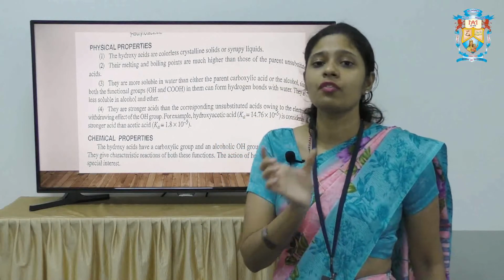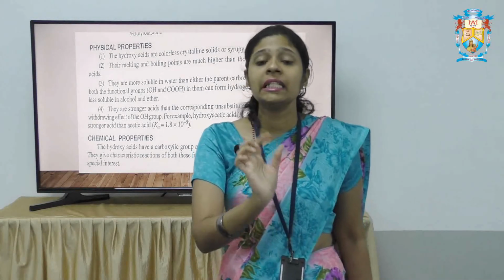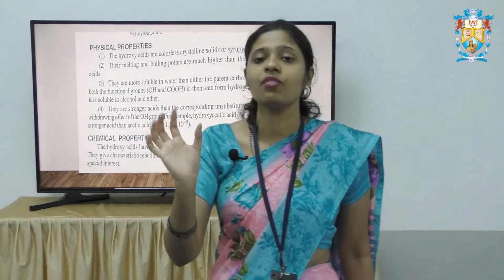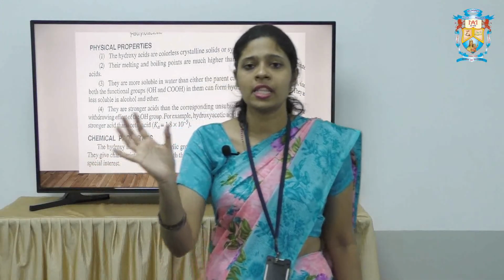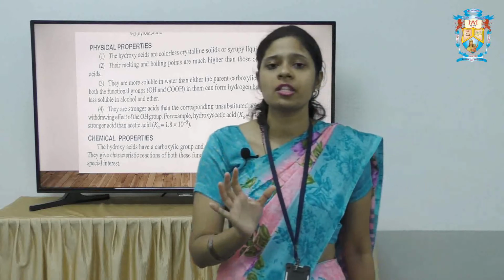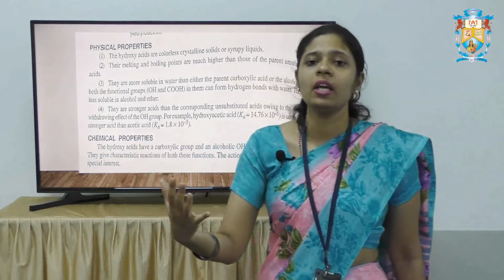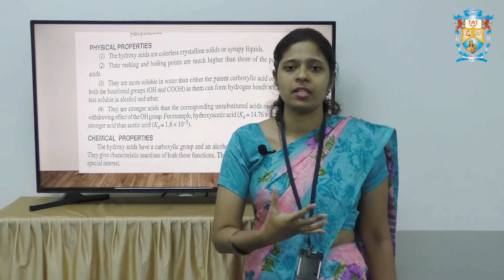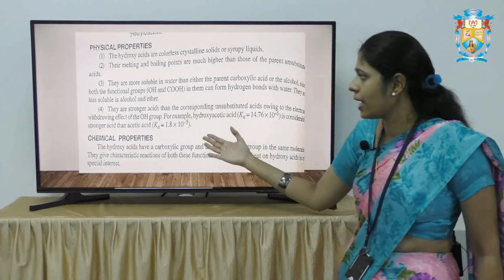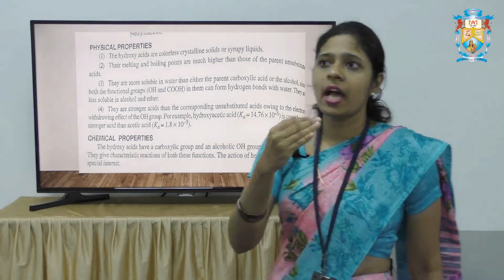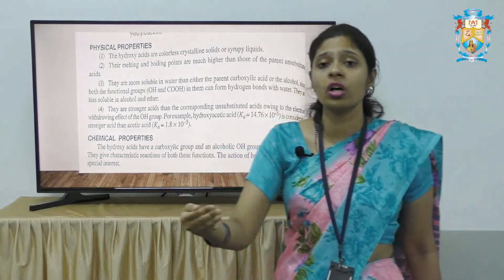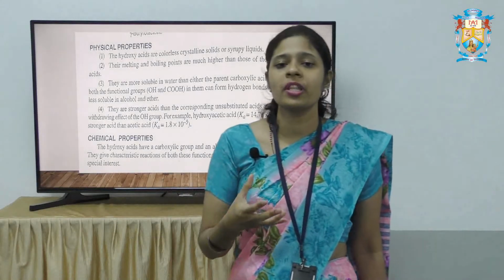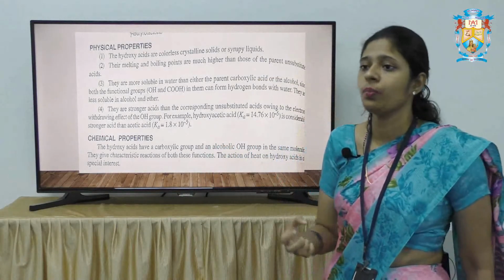Due to the presence of the OH group, it forms intermolecular hydrogen bonding with the molecules of water, that is H2O, and this leads to more solubility of the acid in water. The last point is that these hydroxy acids are stronger than other acids due to the presence of the electron withdrawing OH group in the molecule.